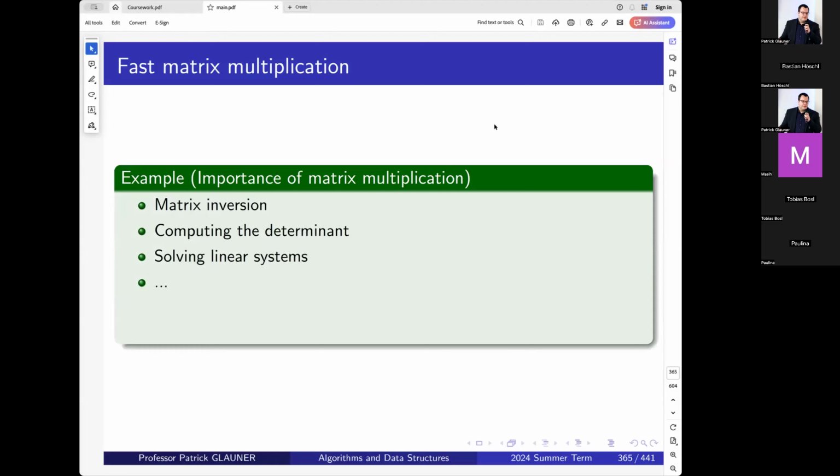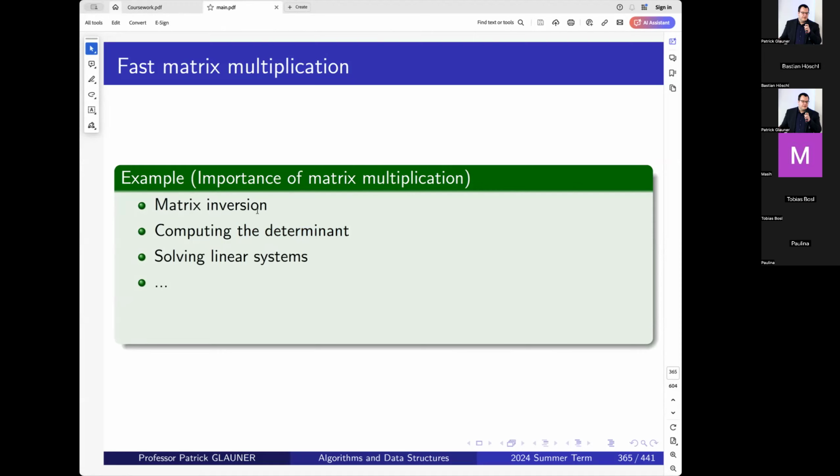It turns out matrix multiplications are super important in mathematics, but also in computer science and artificial intelligence. For example, we can use matrix multiplications for matrix inversion. We can compute the determinant from a matrix efficiently by using matrix multiplication.